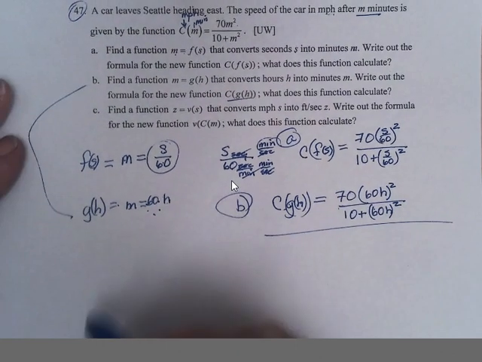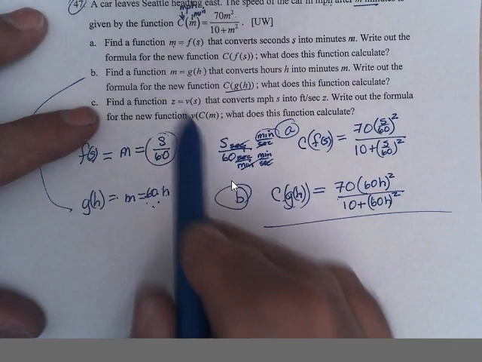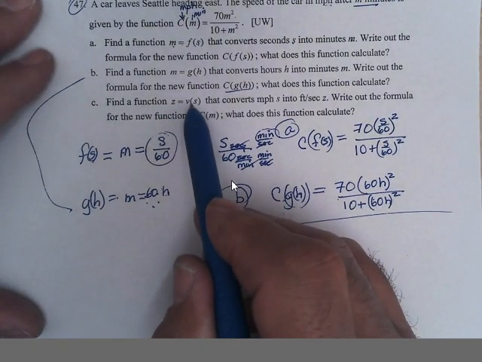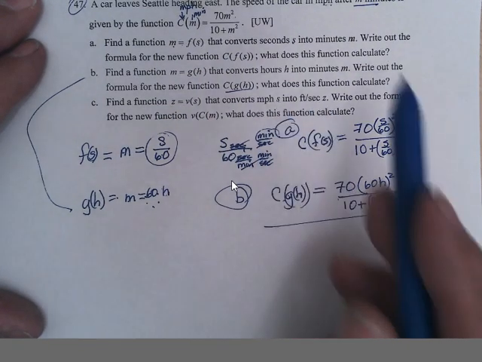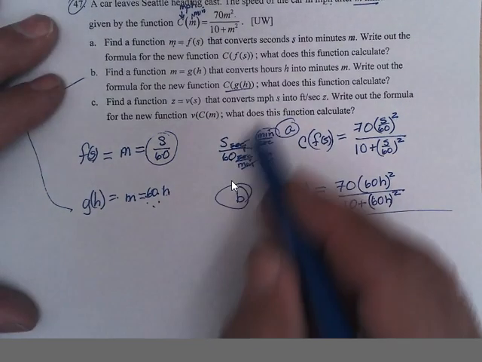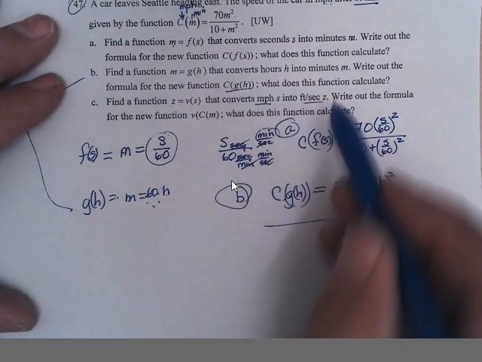All right, C. Z, that converts your speed to feet per second. Now, some of you speed in miles per hour to feet per second.